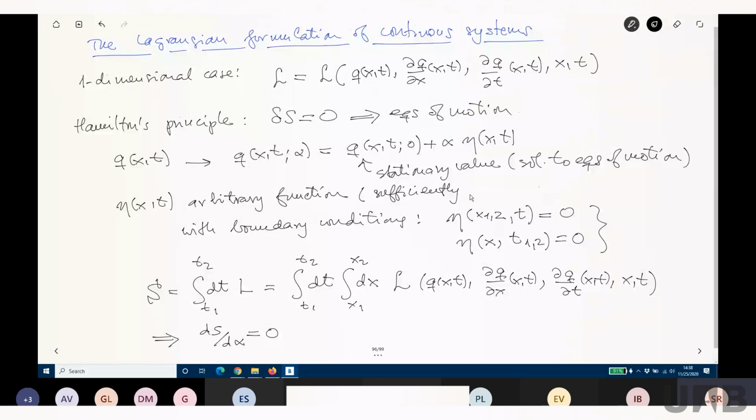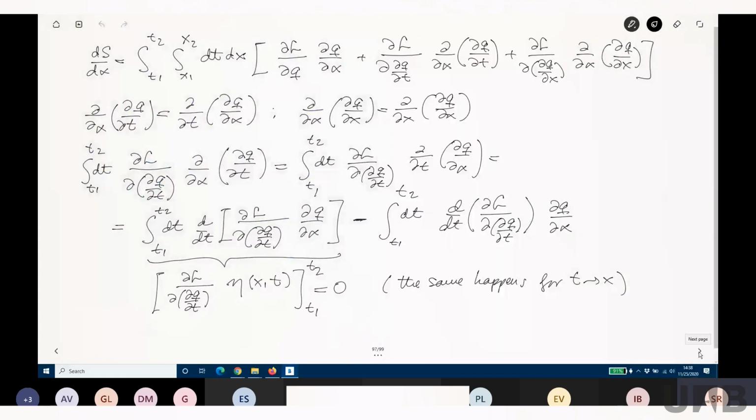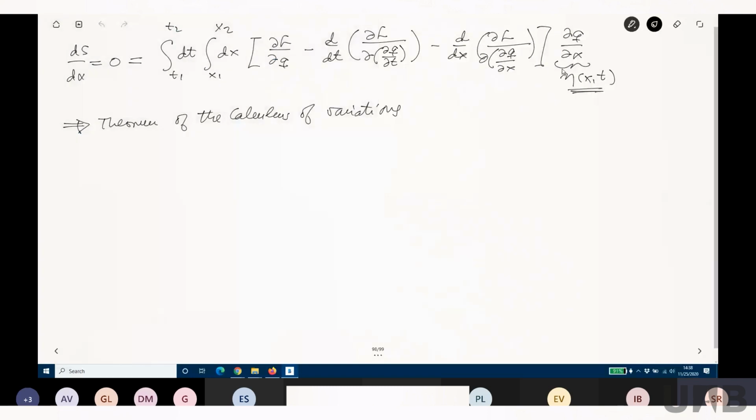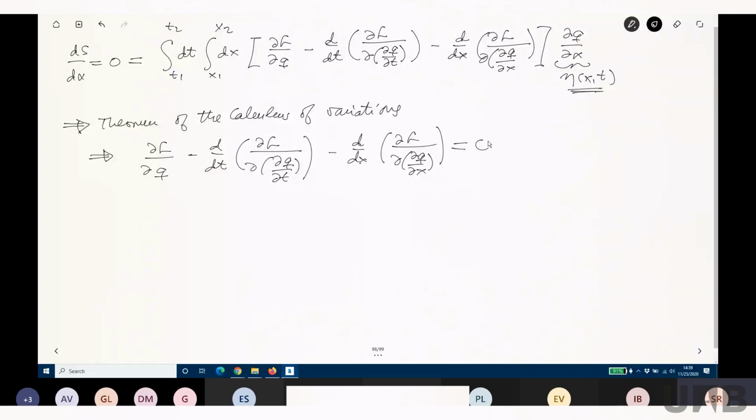I say differentiable because it's more technically accurate than smooth. So dL/dq minus d/dt of the partial of L with respect to the partial of q with respect to t, minus d/dx of the partial of L with respect to the partial of q with respect to x. This has to be 0.